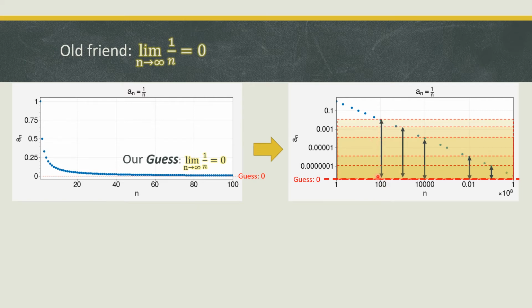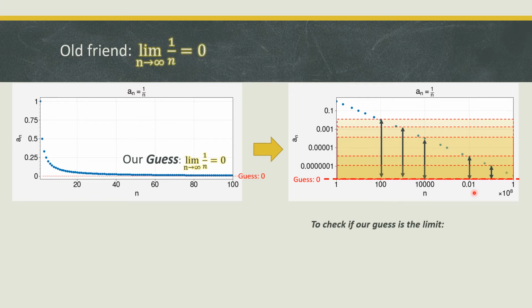We look at the difference between the guess, which is 0 in this case, and a sub n. Then we look at all the numbers to the right of a sub n. That means we look at all the terms for integers greater than 100 here. And so when we look at them, their distance from our guess must get smaller and smaller and smaller. And that is what I think is a sensible definition of the limit.